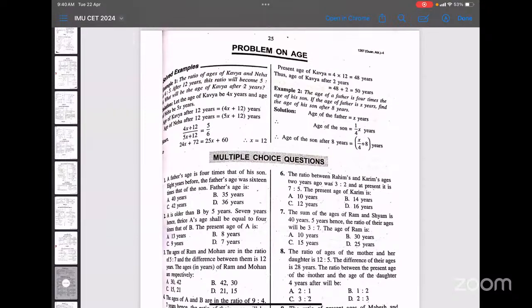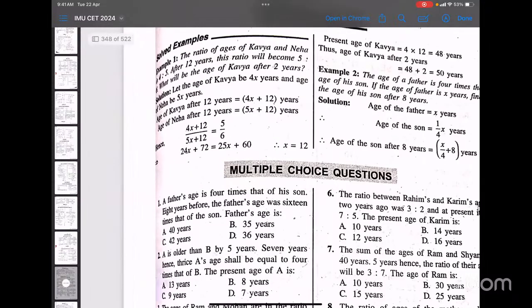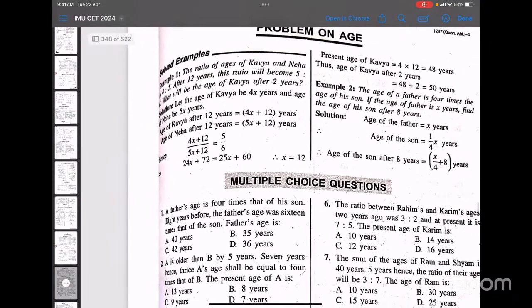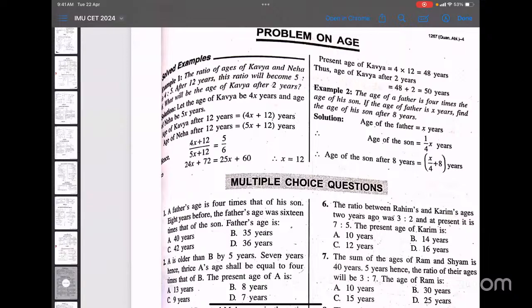There is no specific concept for it. It's a chapter from class 6 or 7. In this chapter, you just have to read the question carefully, and according to the question, we will try to eliminate options. Rather than solving it properly, we will just try to eliminate the options until and unless we have to solve it properly. Like the question: the ratio of ages of Kavya and Neha is 4:5.